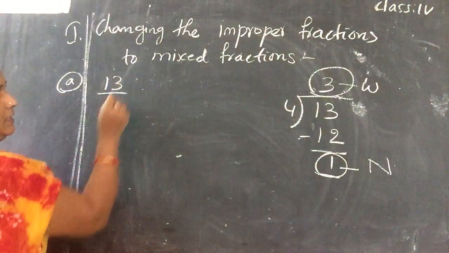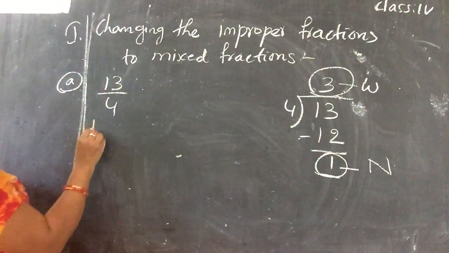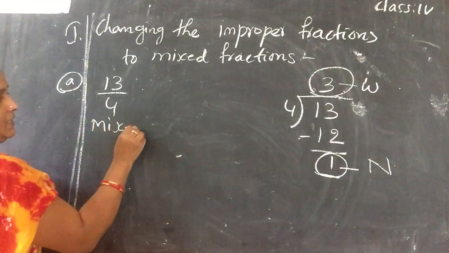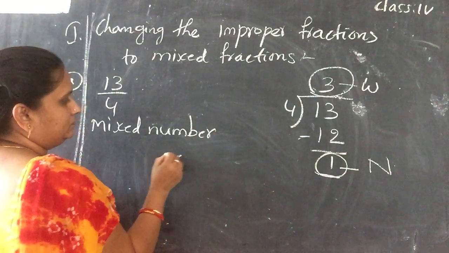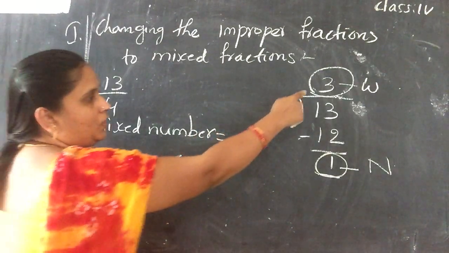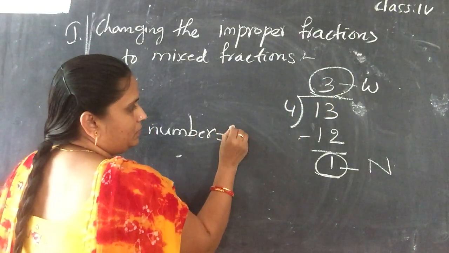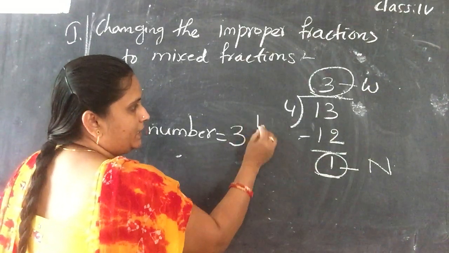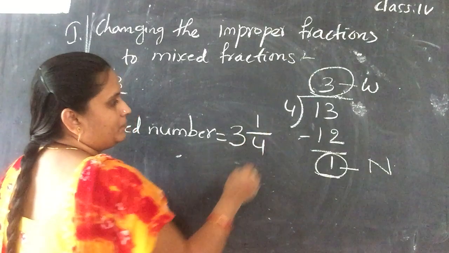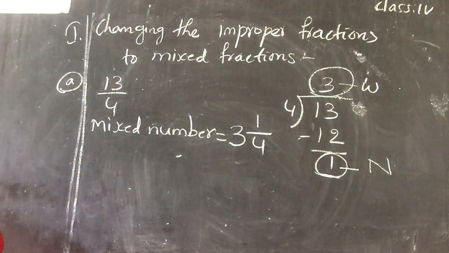Now how to write the mixed number? Mixed number is equal to whole number, quotient is as a whole number, 3, and remainder as a numerator, so 1 by 4. 3 1 by 4.